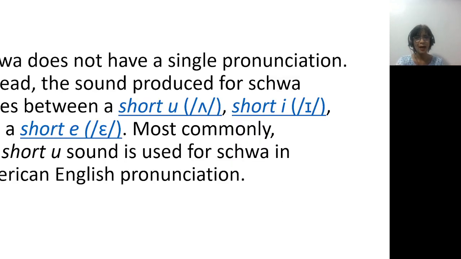Okay, the schwa does not have a single pronunciation. In fact, you can find the schwa sound in the vowel short u. You have short I, and the short e, or eh. The most commonly used will of course be the short u sound.